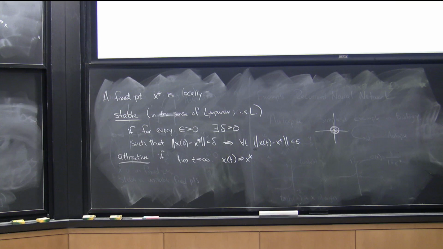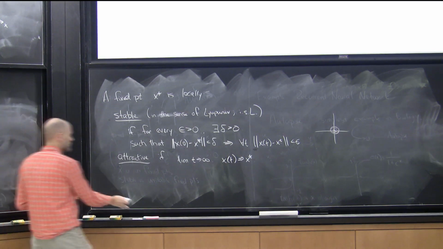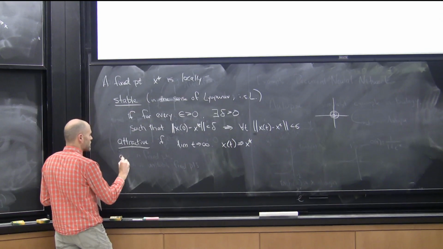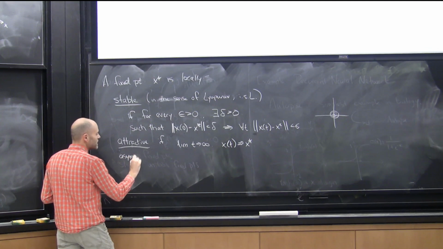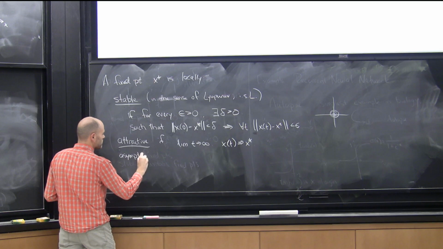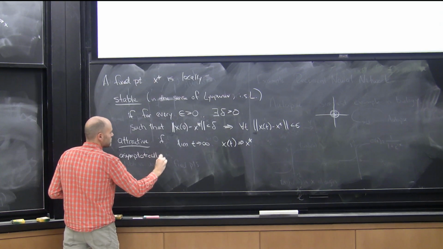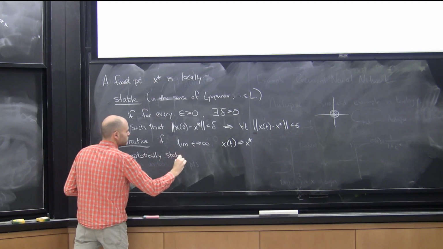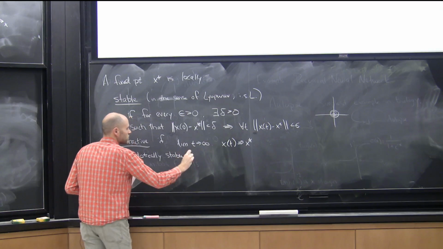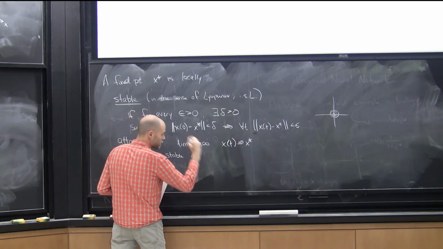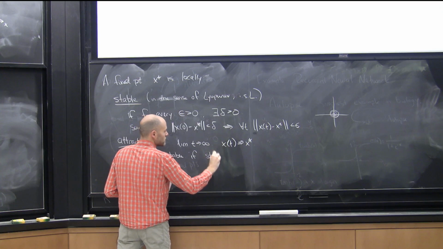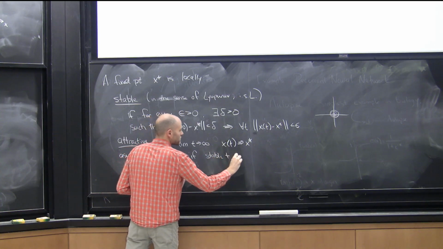So if it actually gets there, it's attractive. It's asymptotically stable if it's stable and attractive.